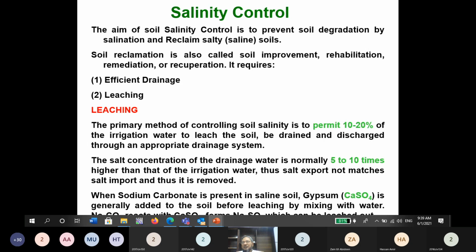We have to do the leaching. Leaching means we will supply extra irrigation water through the soil. वो क्या करेगा? वो जो salts हैं उनको move कराएगा in downstream direction, and then they will enter into the tile drains and then will be removed in the main drain. ठीक है? So that is the leaching process.